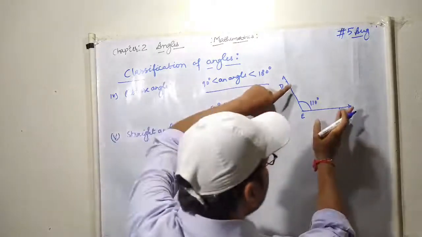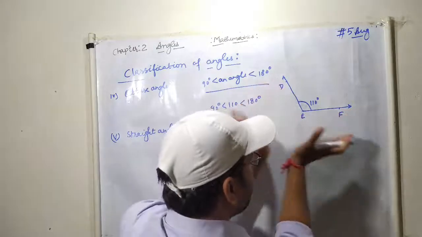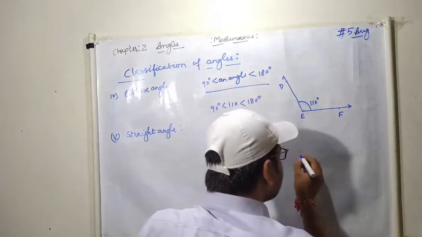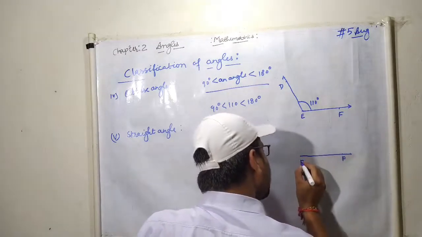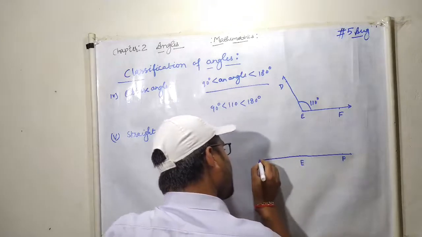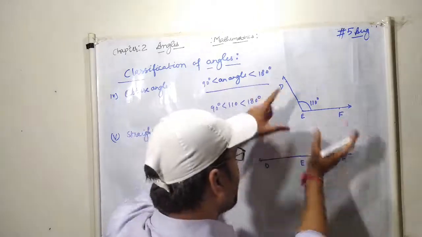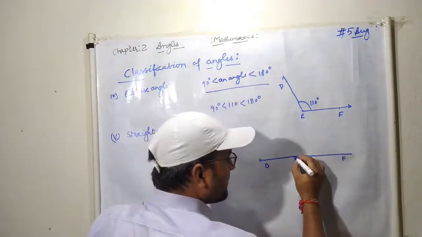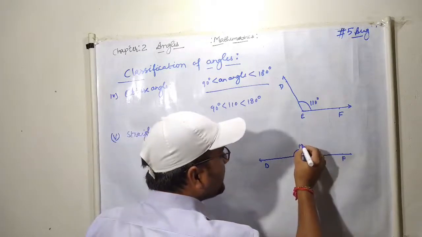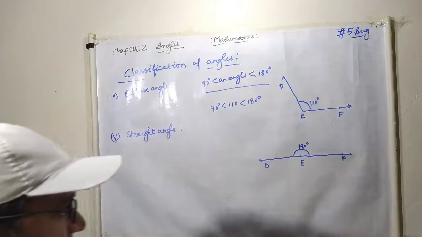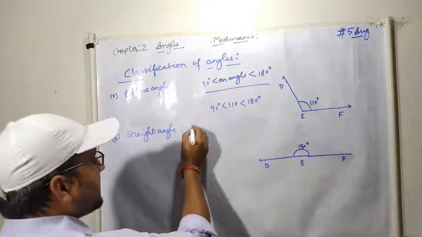When these two arms form a straight line, with E, F and D, DEF, when these two arms form a straight line, then this common vertex represents 180 degrees. This common vertex represents an angle. That angle is known as a straight angle. Its value is 180.